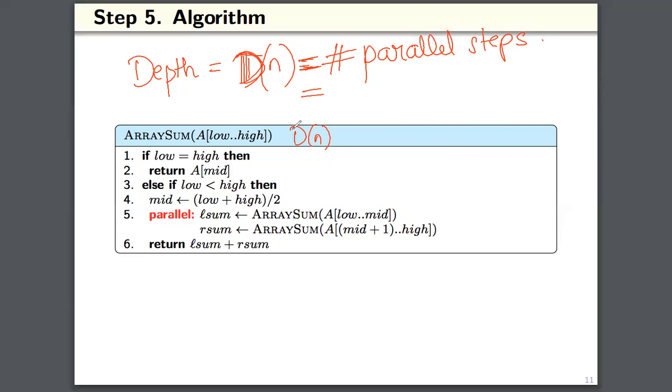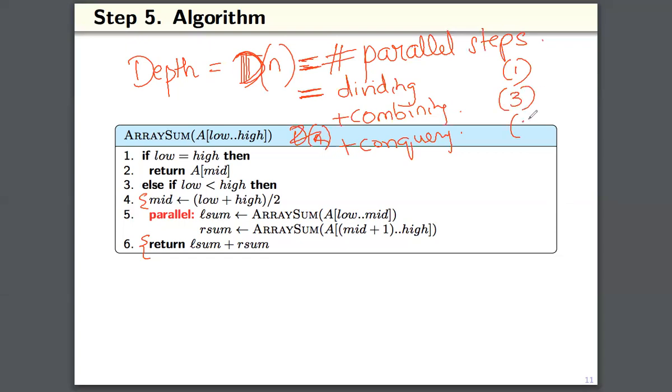What is the total number of parallel steps? Let's think about it. We have the divide and conquer steps, so parallel steps for dividing plus combining plus conquering. This was step 1, this was step 3, and this was step 2.